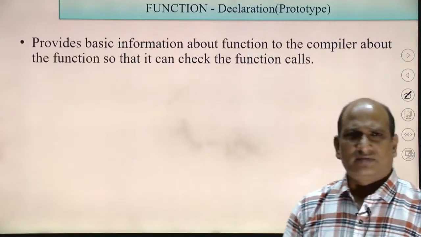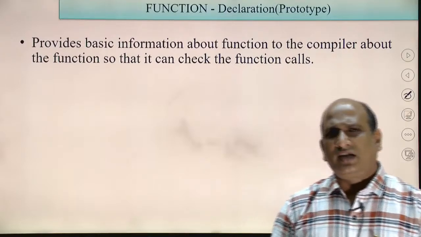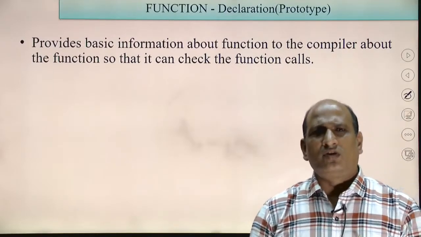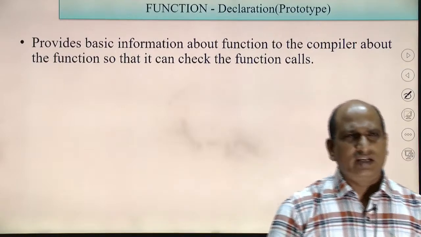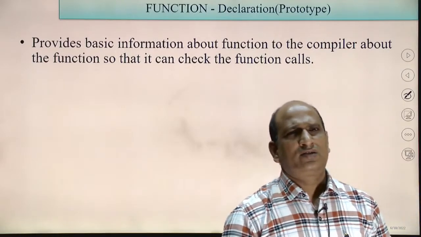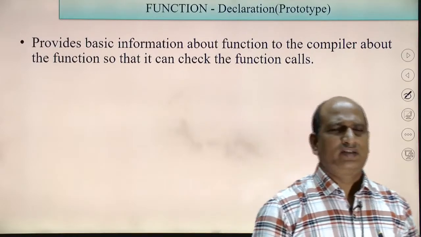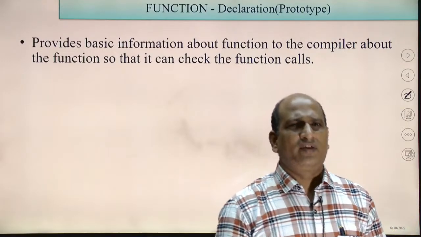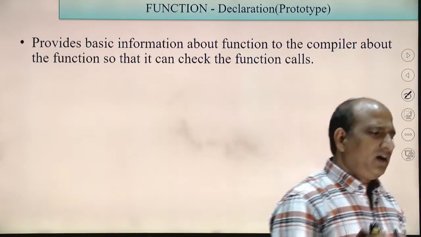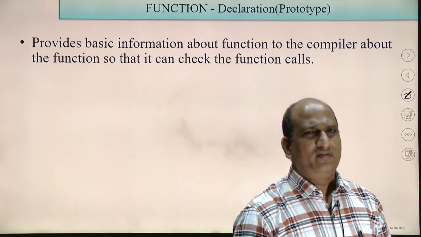The declaration of the function, meaning function declaration, is also called the prototype declaration of that function, and it provides the basic information about the function to the compiler, so that it can check the function call. It just provides the skeleton of the function and makes the main function aware of that user defined function.